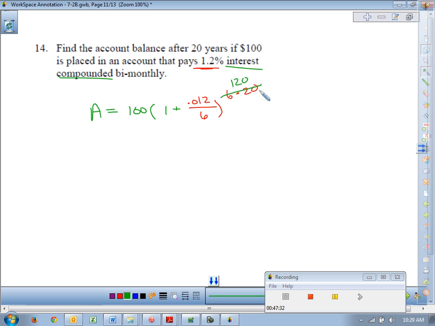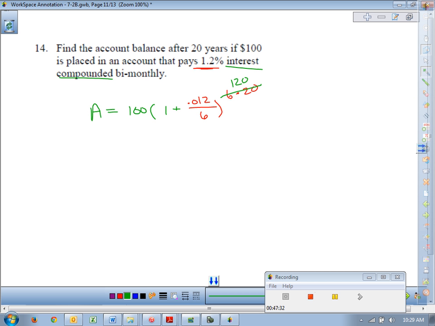Take a prediction before you punch this in. You got a really crappy interest rate, 1%. You left it in there for 20 years. You put $100 in. How much do you think you're going to get back after 20 years? Take a guess. Just take a guess, and let's see what it actually is. 1%.